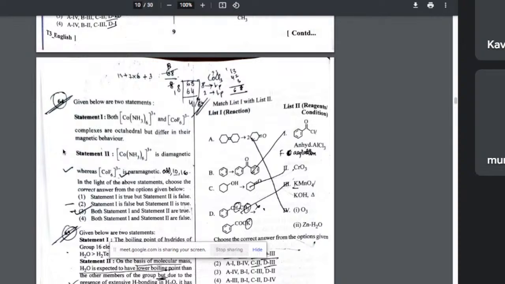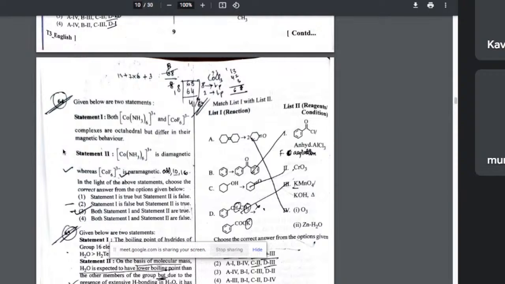Now we will check [CoF6]3-. Its oxidation state is also plus 3, means it also has 3d6 configuration. Means d orbitals will have 6 electrons, 1, 2, 3, 4, 5, 6.